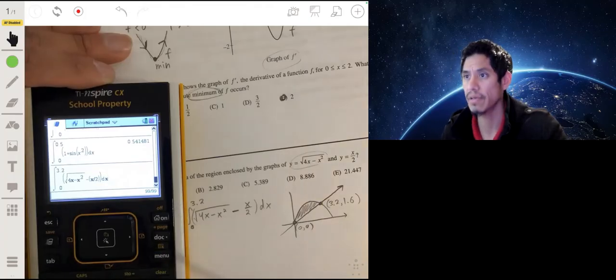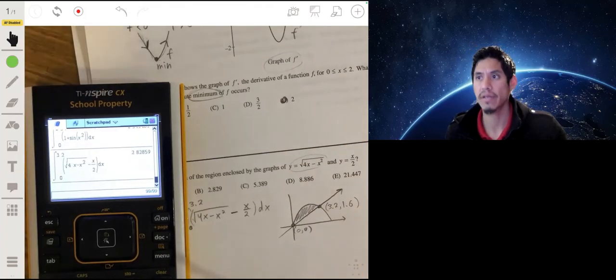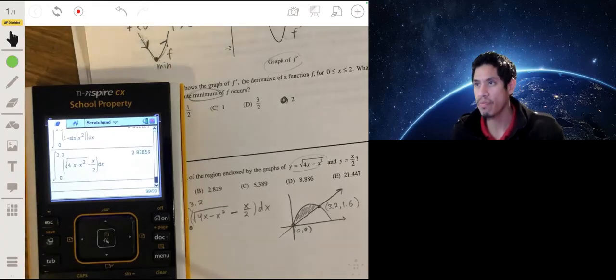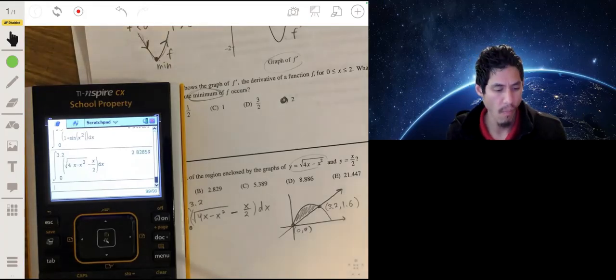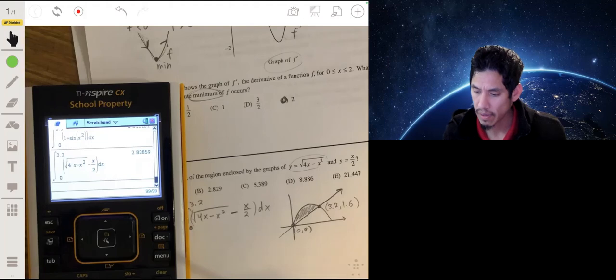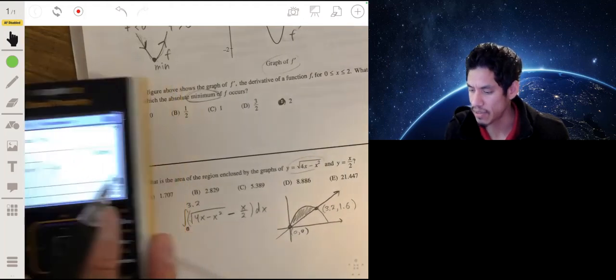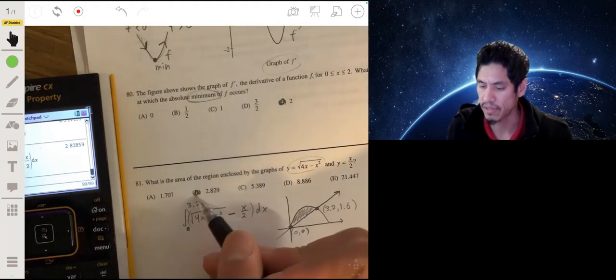Let's make sure that I didn't make a little mistake. Let's see what we get. We got 2.8285. Or 2.8, yeah, 2.8, and that would be B. The closest answer would be B.